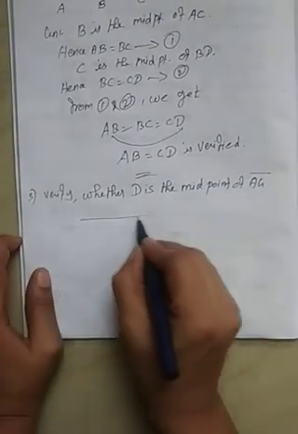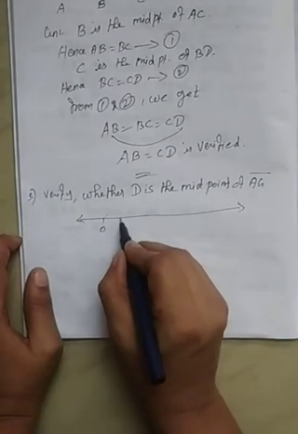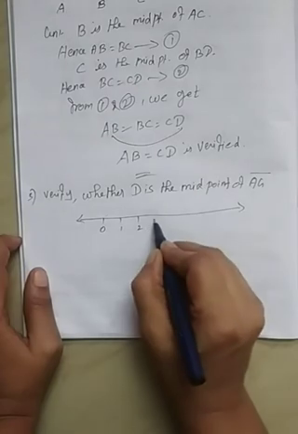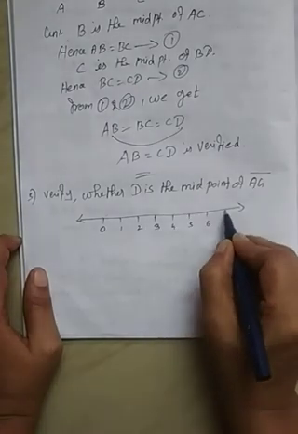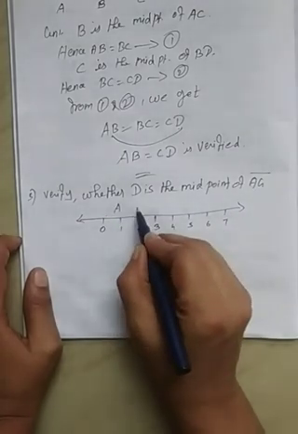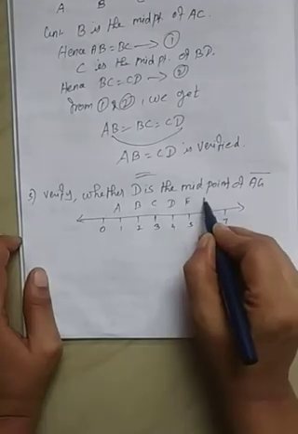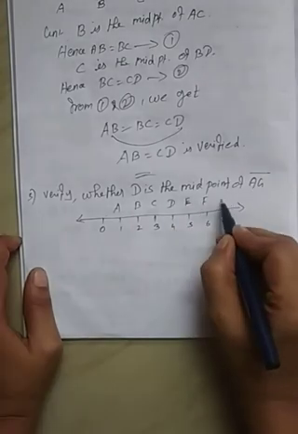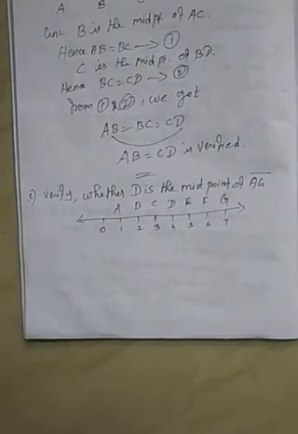I have to draw one line. Let us take this one is 0, 1, 2, 3, 4, 5, 6, 7. The points are named A, B, C, D, E, F and G. Okay, see here, this one is the question.